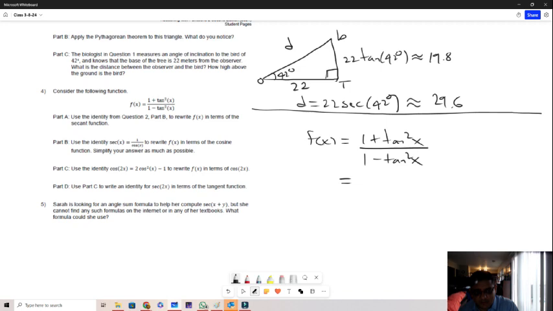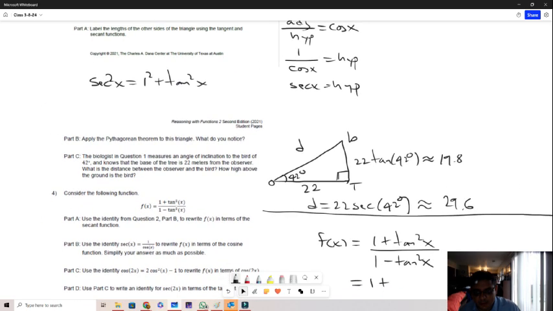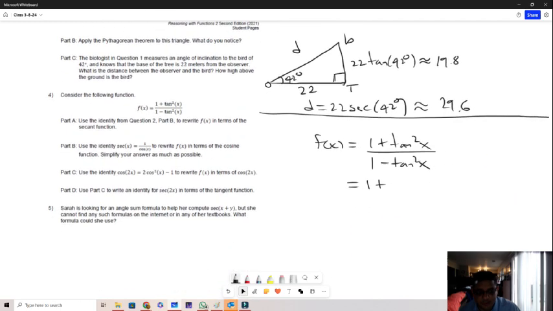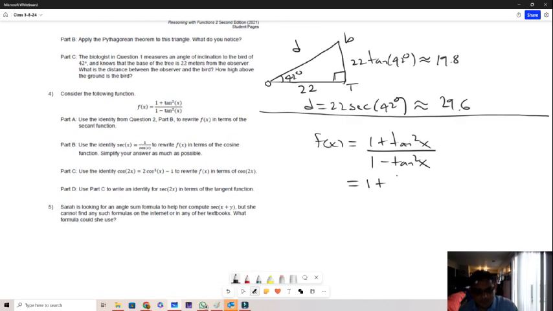So in this case, tangent square, and just recall from here, can be seen as secant square minus 1. So this can be seen here as secant square minus 1. Or 1 plus tangent square is also secant square.